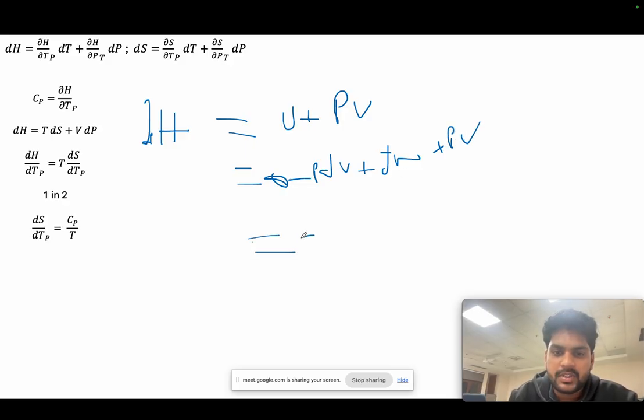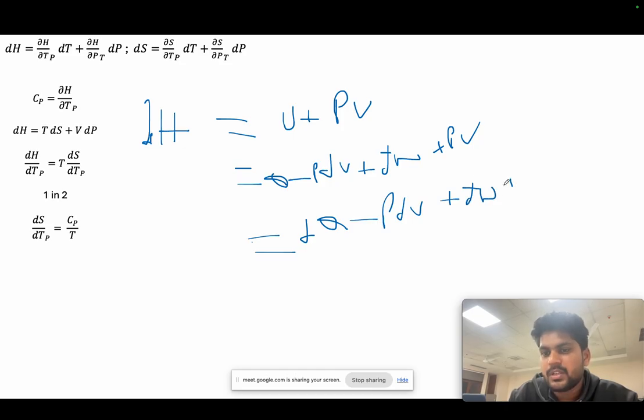Now if I apply the differentiation, it will be dQ minus P dV plus path taken, plus P dV plus V dP.